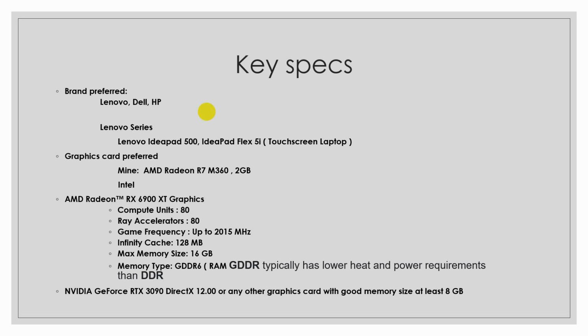Intel graphics are also going very good, you can get those. And the AMD Radeon RX 6900 XT is a graphic card that AMD provides. Nowadays it is going very well, you can go for it. It is the latest one. Its compute unit count is 80 and all of that.